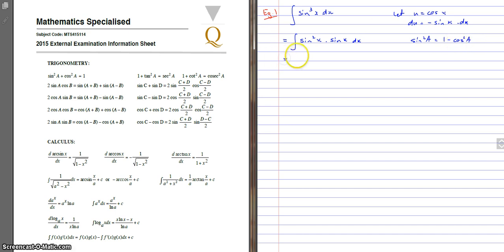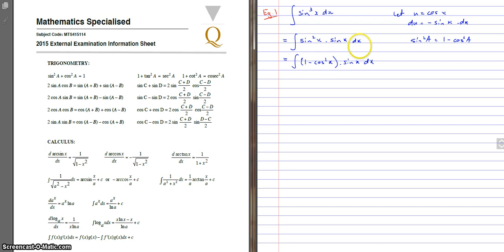So this then is the same as 1 minus cos squared x times sine x dx.